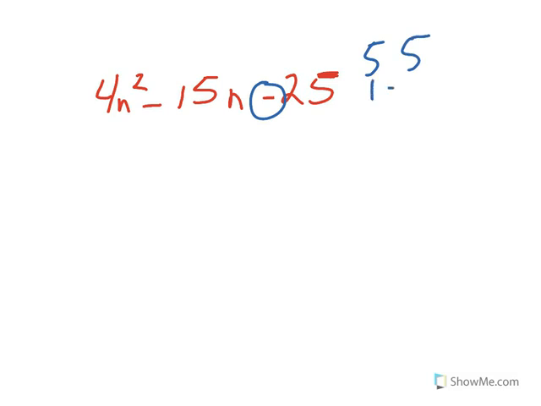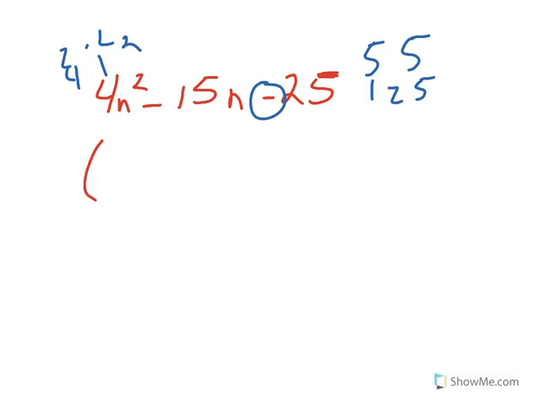So 4n squared minus 15n minus 25. Alright, once again, my 2 does not look like a 2 at all. So once again, I'm going to say, look at that last term. That's a minus sign, which means I am subtracting. And I'm just going to list my factors. That's supposed to be a 2.